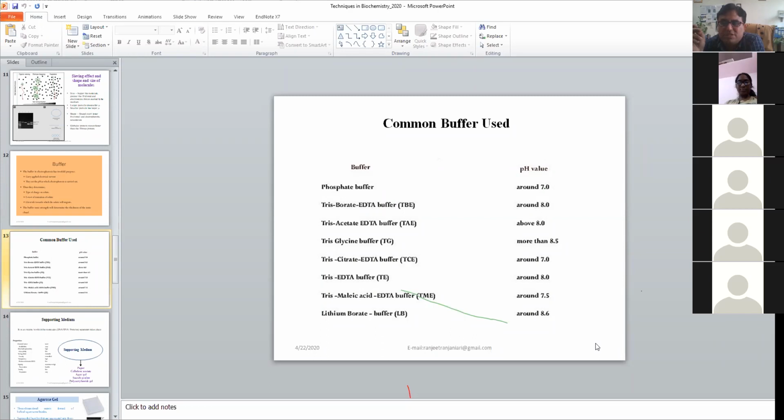Suppose 8.3 is the pH for the buffer, and if you make it 6.8, and when you run it, most of the time the DNA which you are going to separate will show a fuzzy cloudiness, and the resolution will be very low. It's only because of the change in the pH. Is it clear?